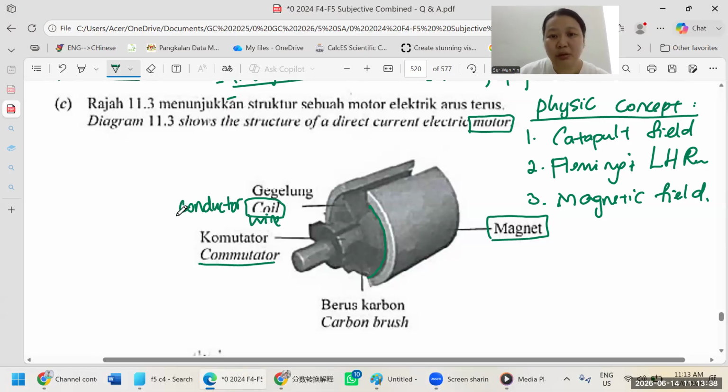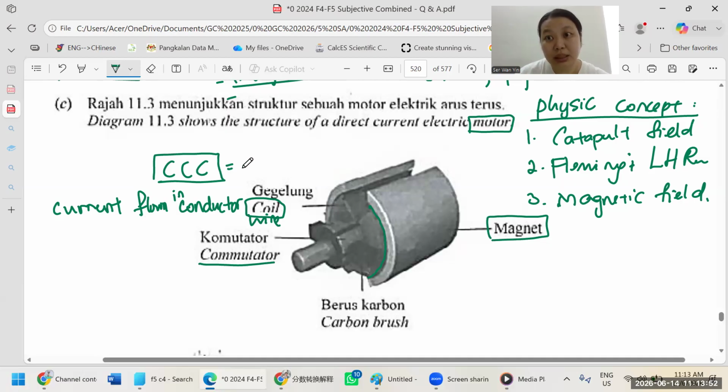If you give current, current flows in the conductor. A current-carrying conductor is what kind of magnet? Permanent magnet?